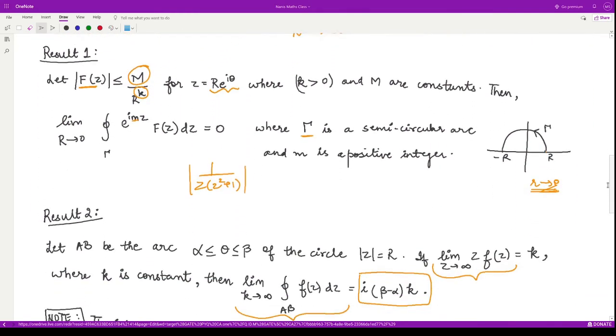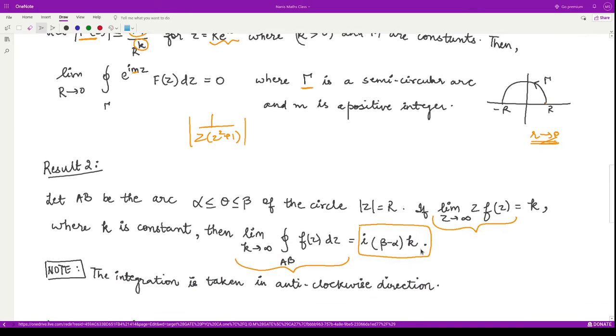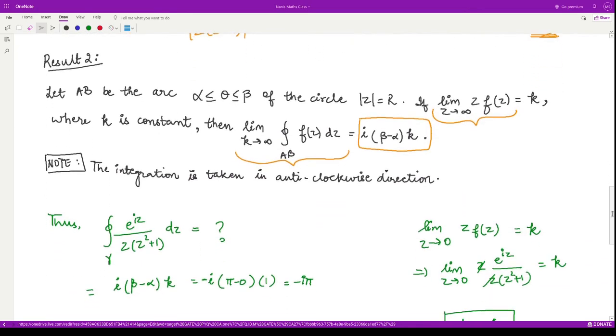Therefore, this particular integral, what would it be? It would simply be iota into beta minus alpha into k. Now because your integral is in clockwise direction, you will place one minus sign and then pi minus 0. And then let us evaluate what is this k.